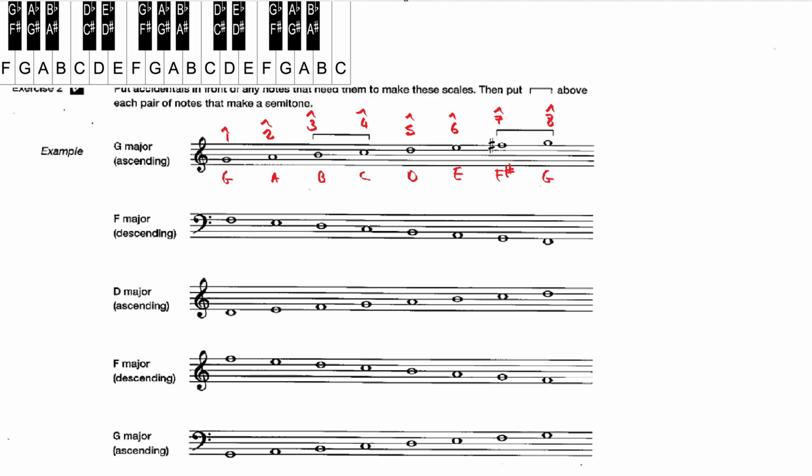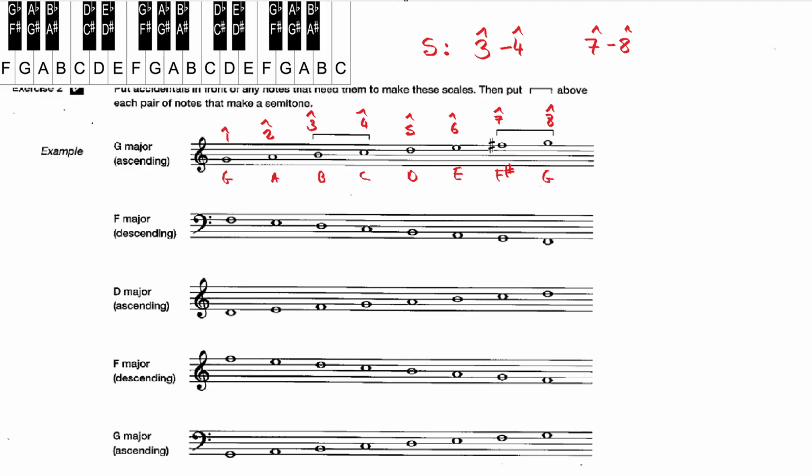A to B is a tone. B to C is a semitone, that's 3 to 4, that's where we want it to be. So maybe above we can write, we're looking for semitones between 3 and 4 and 7 and 8. Call them semitones, S. This is where they need to be, so we'll remember that.